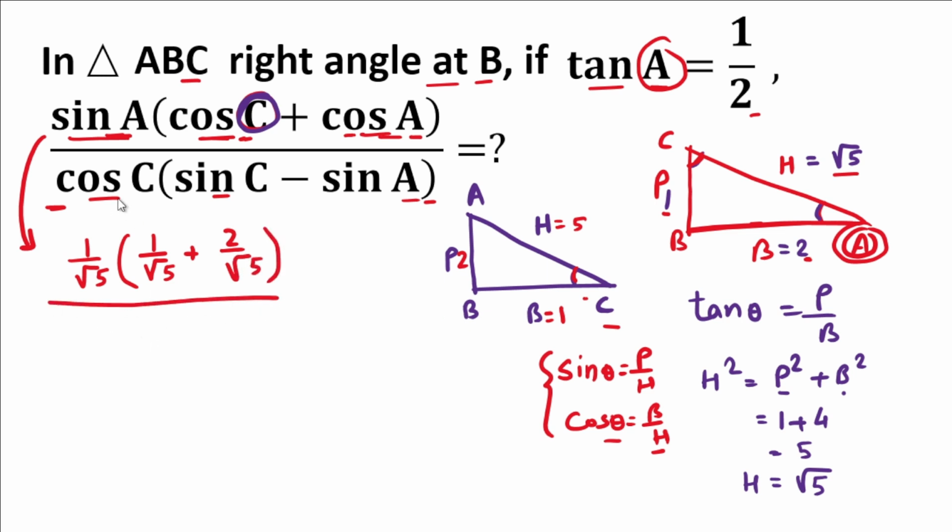And the whole term is divided by cos C. For angle C the base is 1, so it is 1 over square root 5.